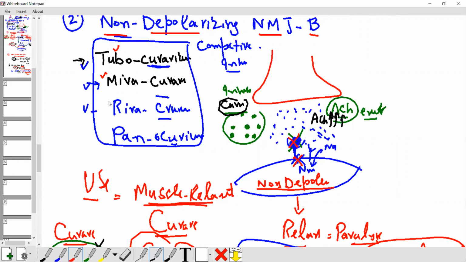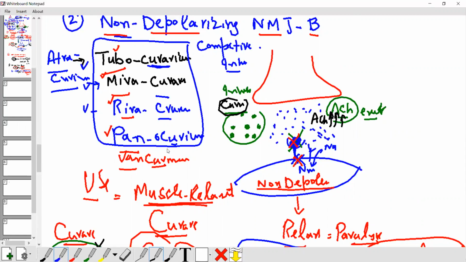Tubocurarine, mivacurium, rivacurium, pancuronium, okay? Another, vecuronium, atracurium. If you can memorize one or two, enough. To memorize all, you need more time.